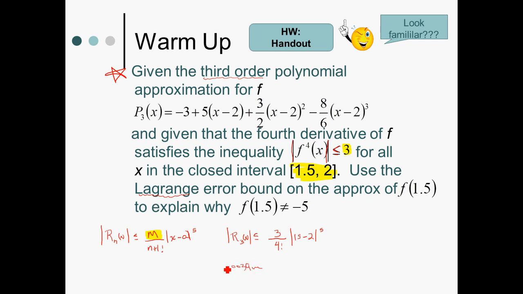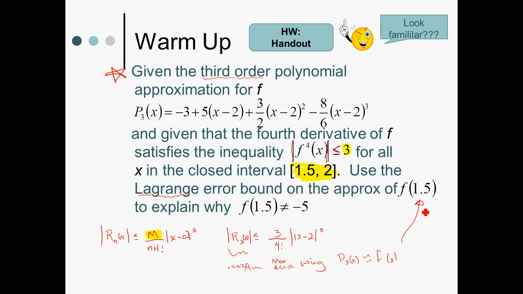Whatever that was. This number is the error bound. It's the worst error, this is the maximum error using the third order polynomial to approximate the function at 1.5.